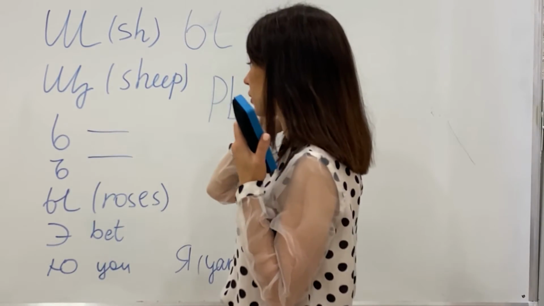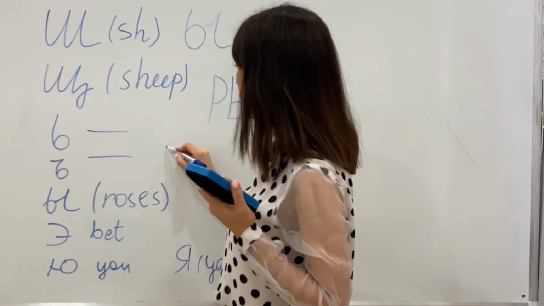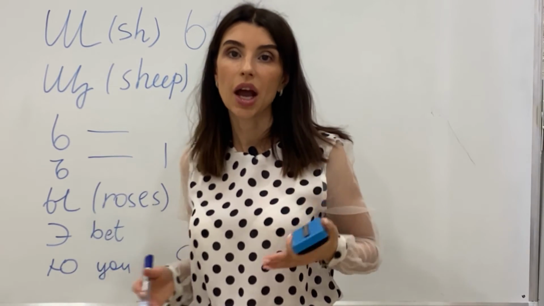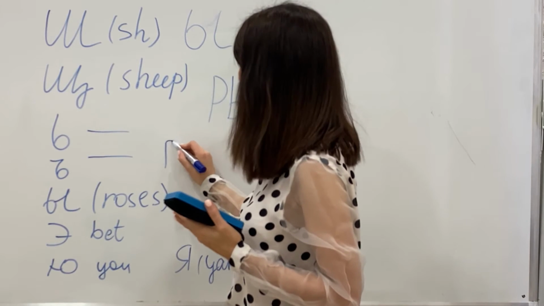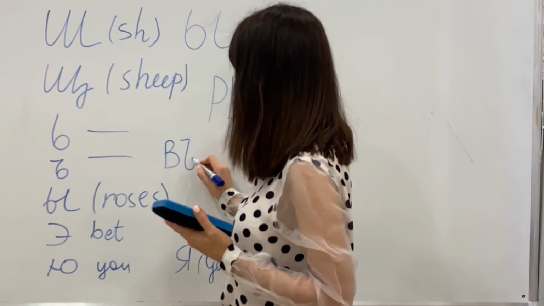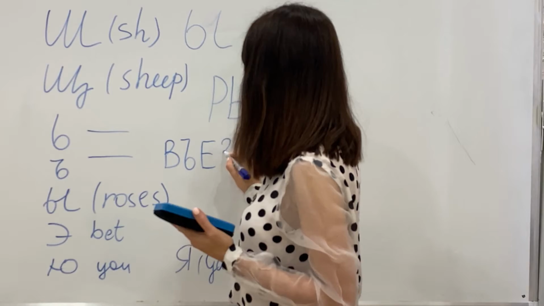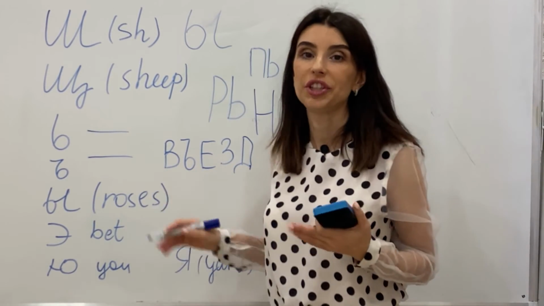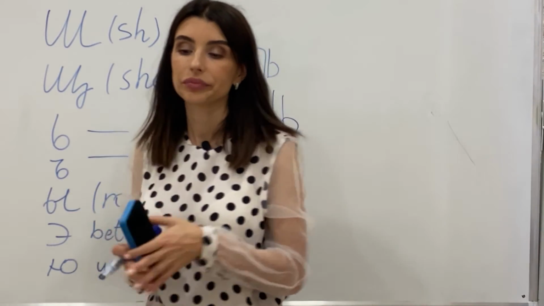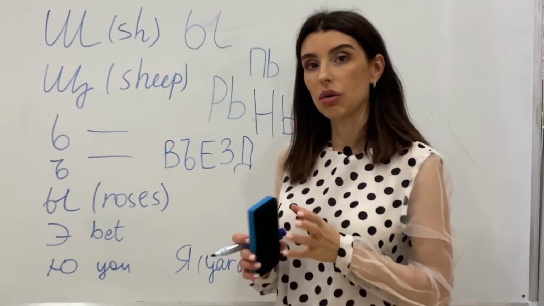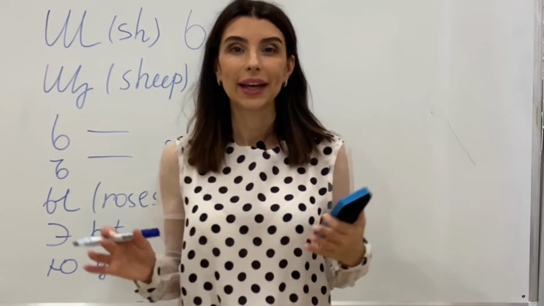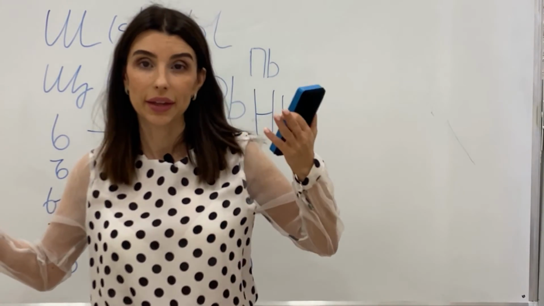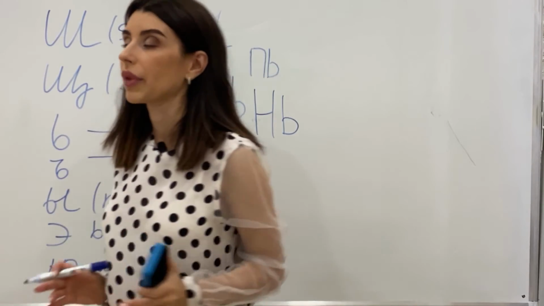For example, we have the word въезд, it means entrance, like for a car. Let's say that. Въезд.